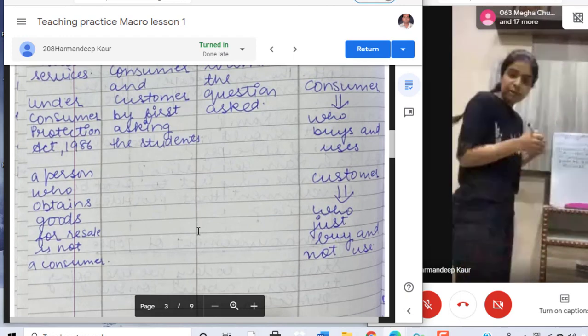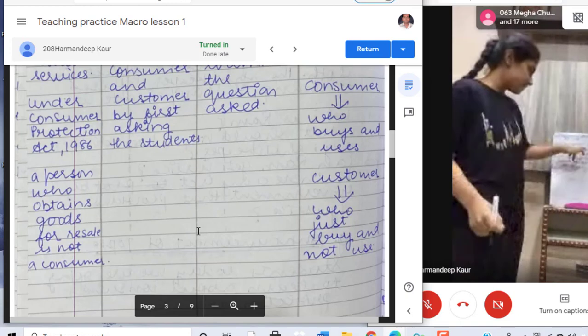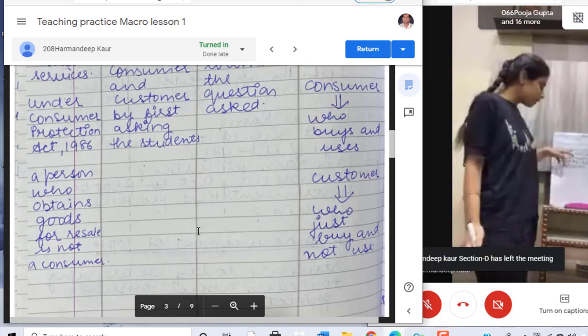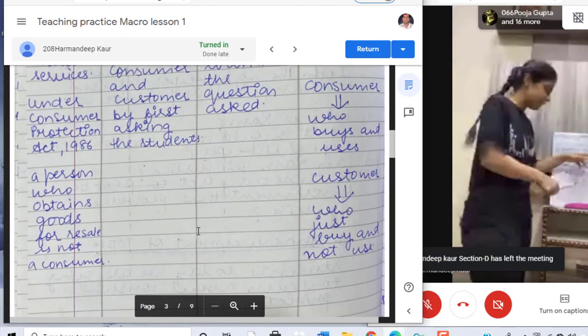In layman's language, a consumer is a person who buys or consumes goods or avails services.